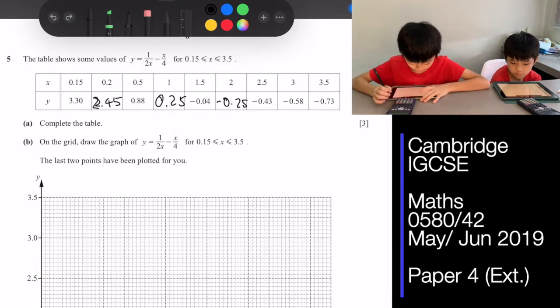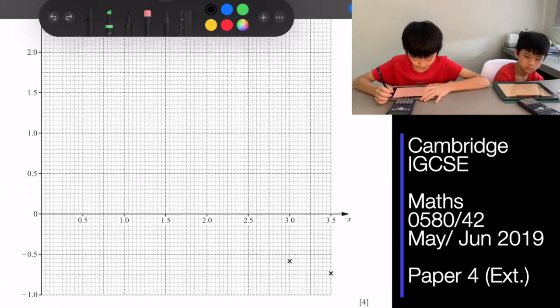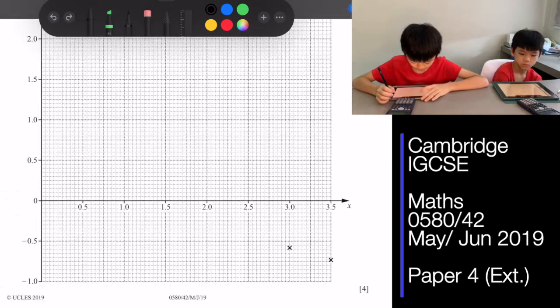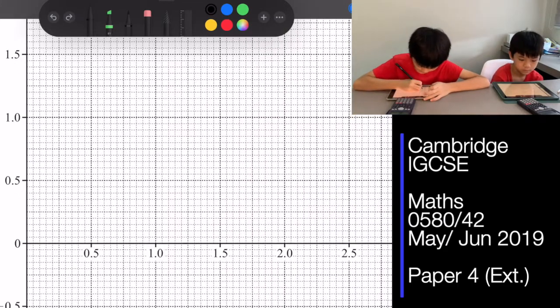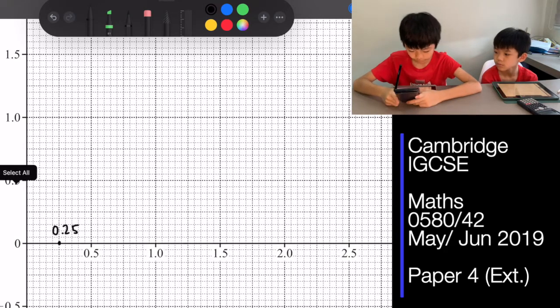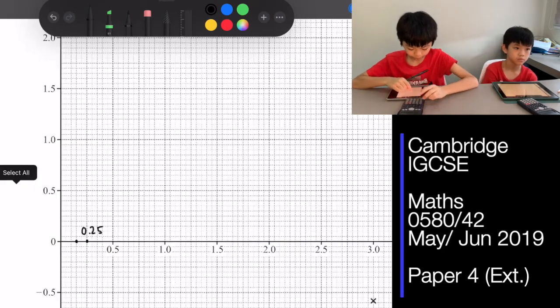When x is 0.15, y is 3.3. So this is 0.25 over here, then there are 5 divisions: 0.05, 0.1, 0.15.